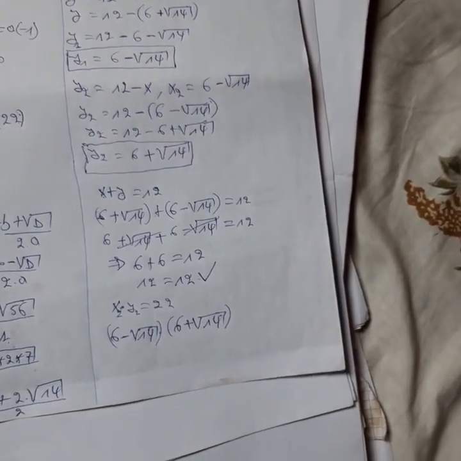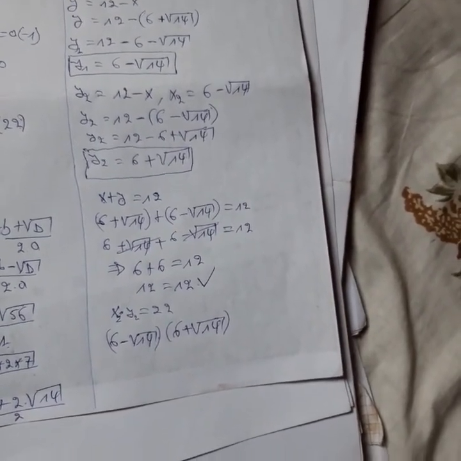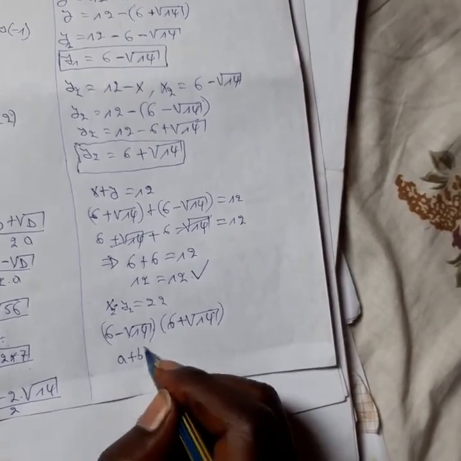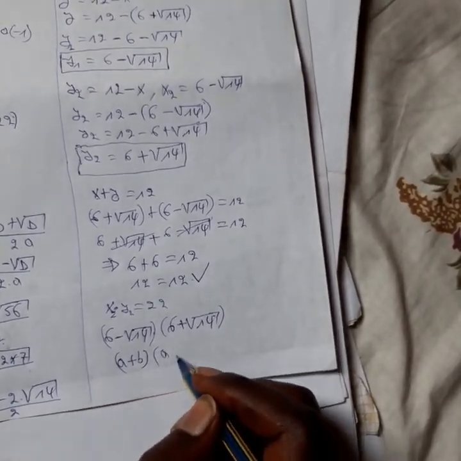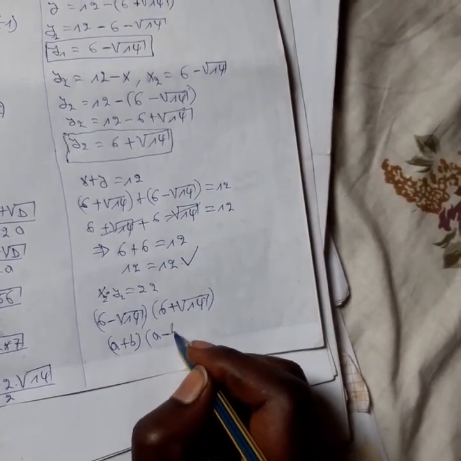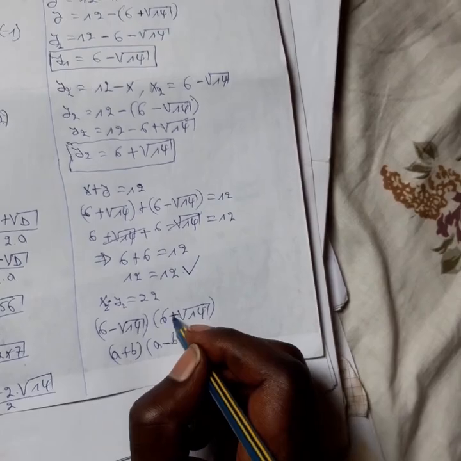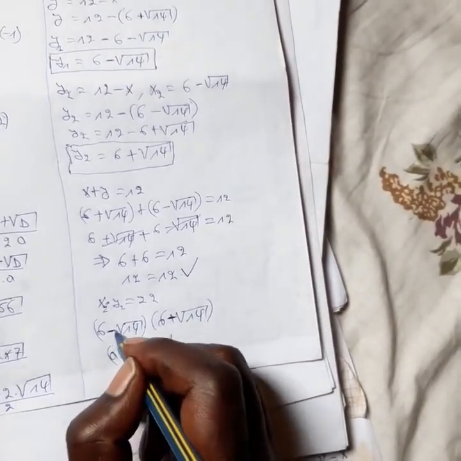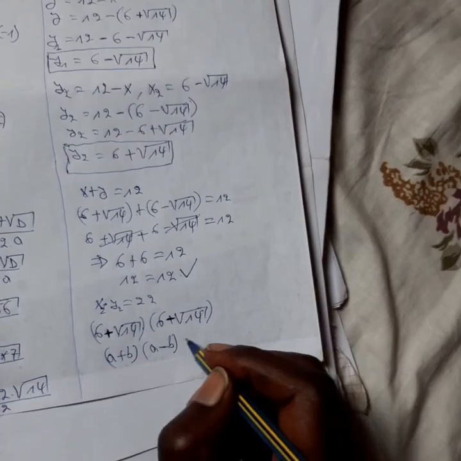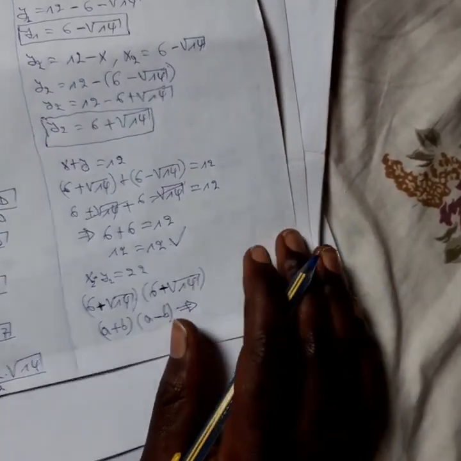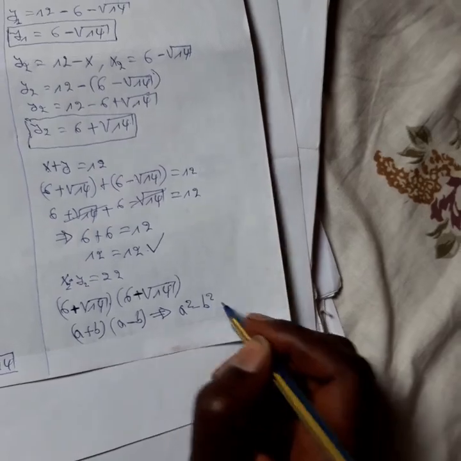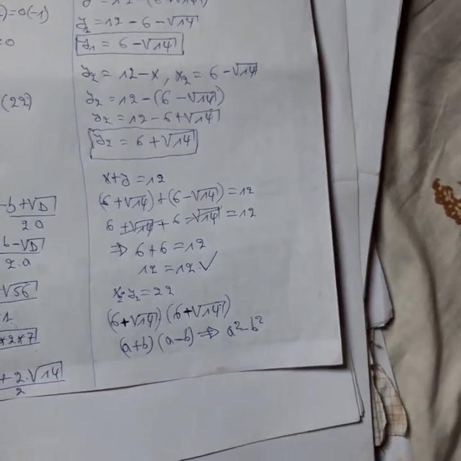Then this one is the same as the formula a plus b times a minus b. Here we have negative and here we have positive, don't be confused. Then this gives us a squared minus b squared.